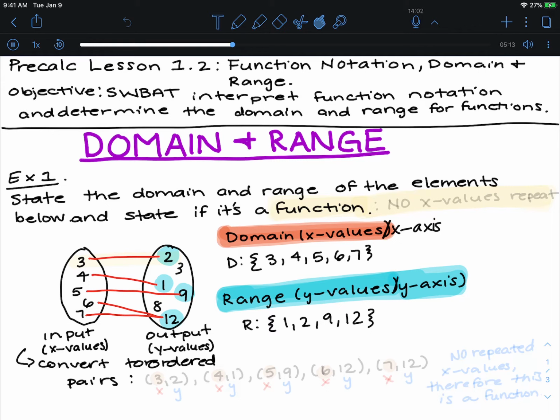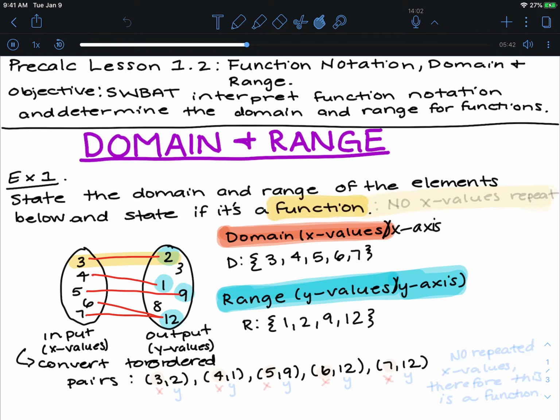I'm going to get 3, 2 right here, and map it. And then do the next one, which is going to be 4, 1, 5, 9, 6, 12, and 7, 12.